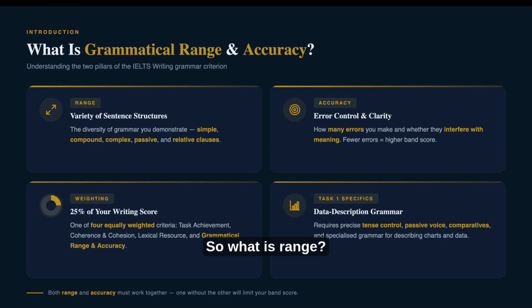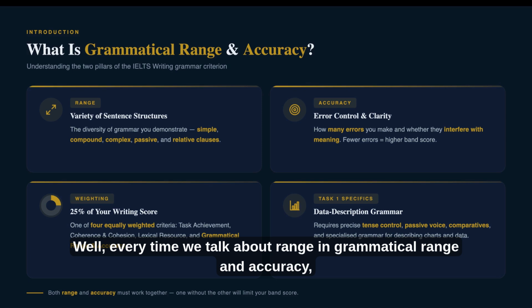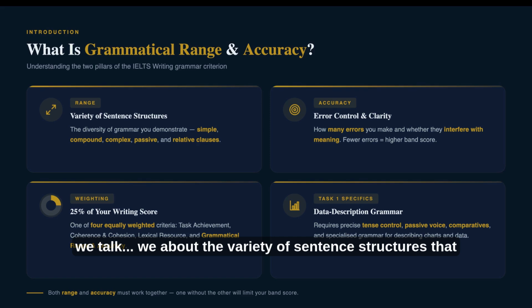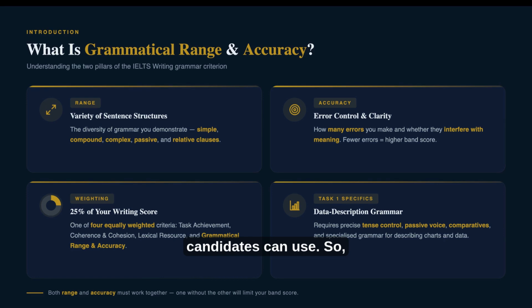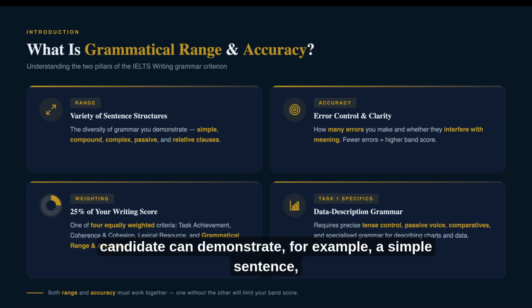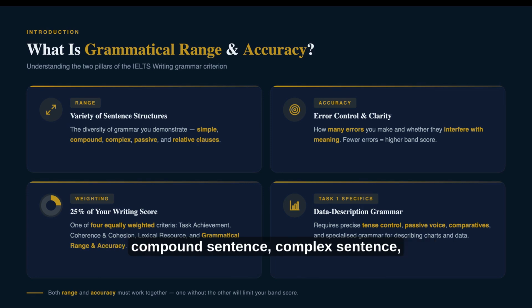So what is range? Well, every time we talk about range in grammatical range and accuracy, we talk about the variety of sentence structures that a candidate can use. So, in other words, the diversity of grammar a candidate can demonstrate, for example, a simple sentence, compound sentence, complex sentence, compound complex sentence, or whether using a passive voice or active voice, relative clauses, noun clauses, adjective clauses.